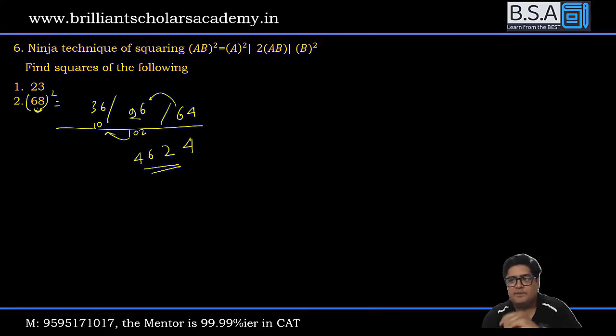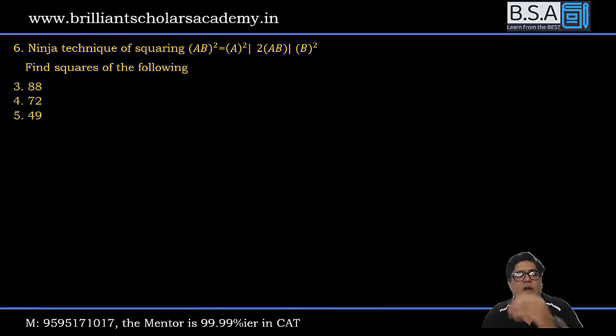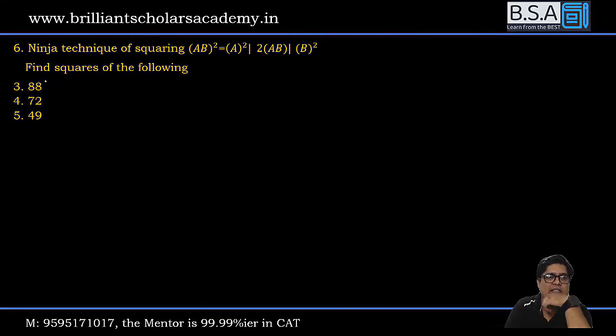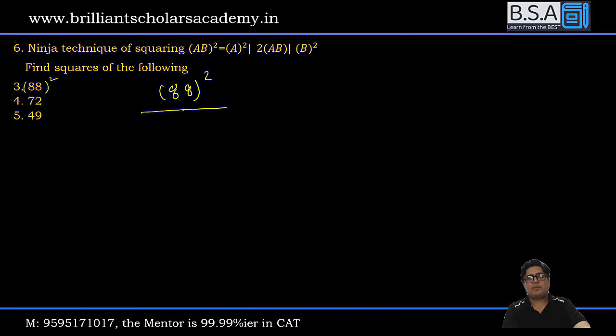Sure, moving on. Complete these three. This one I have shown you in the last lecture. Here let's confirm. So I'm performing a square of 88. 8 square 64. 8 square 64. What comes in the middle?